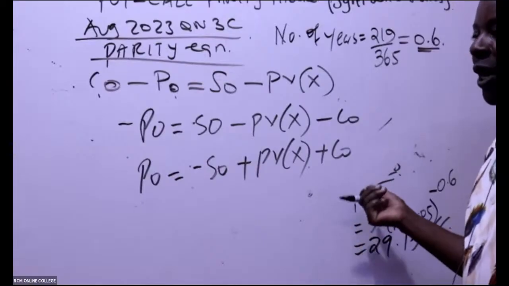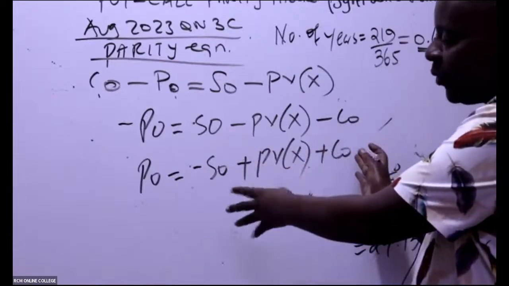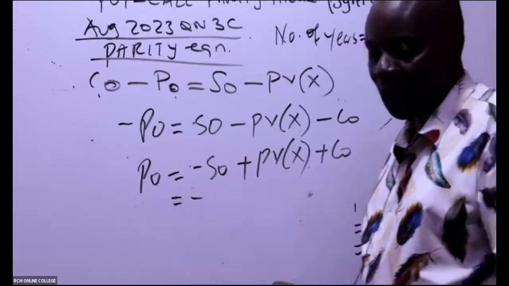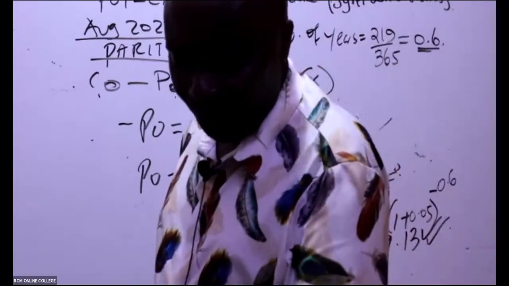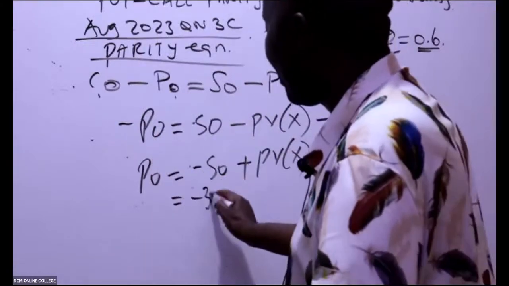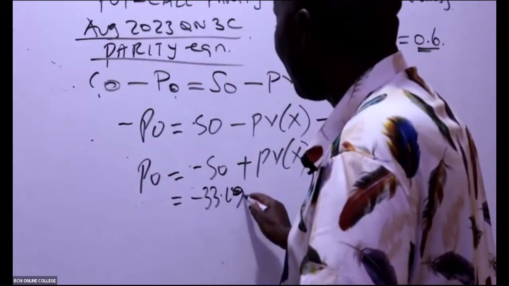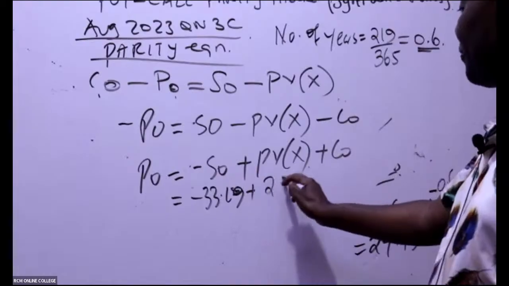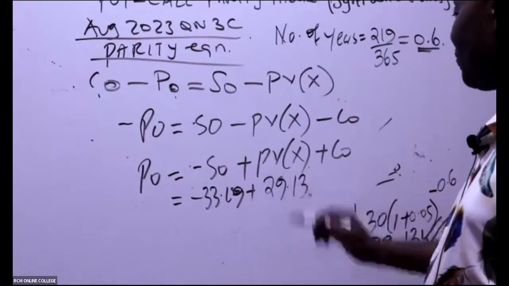So even if you leave them this way, you'll still get the same answer because our SO is given here as 33.19. Plus present value of our exercise price, which is 29.13.